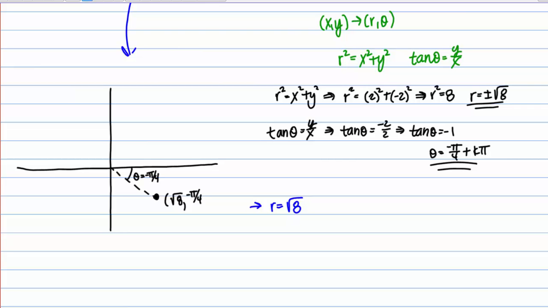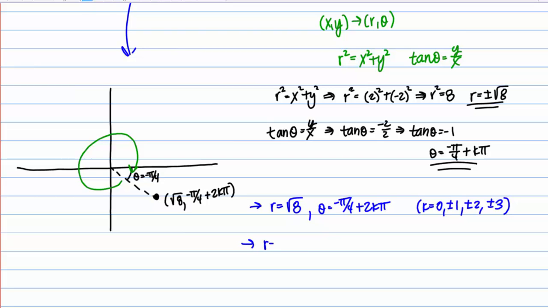But because I can go a full rotation around the circle and get back to the same point, I want to include here negative pi over 4 plus 2k pi. And note that I could go around the circle in either direction here and get back to the same point. So k just represents any integer.